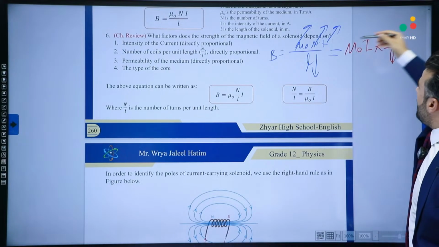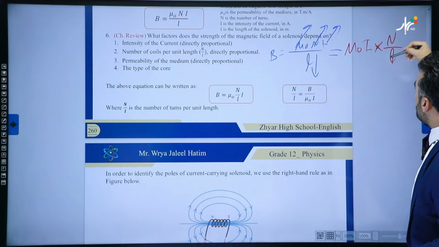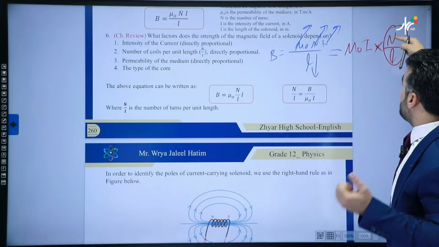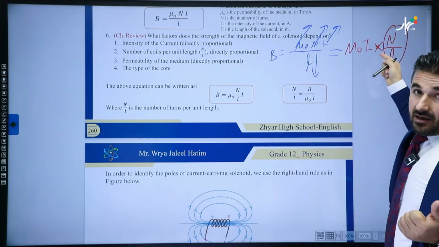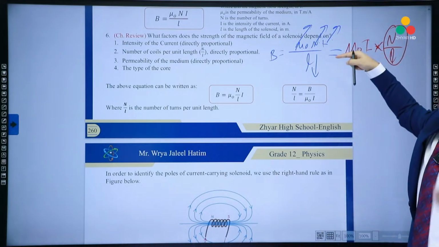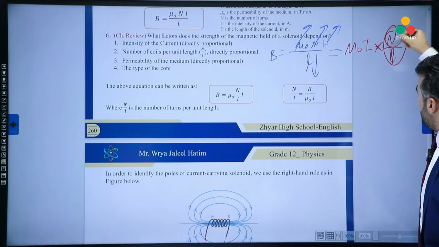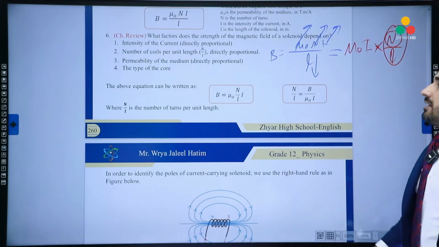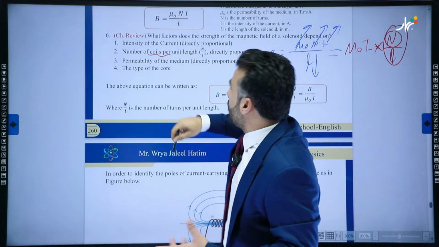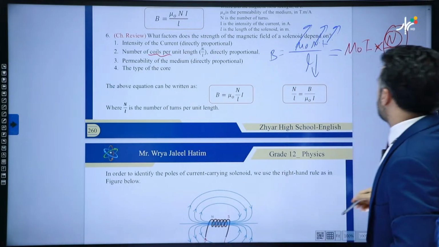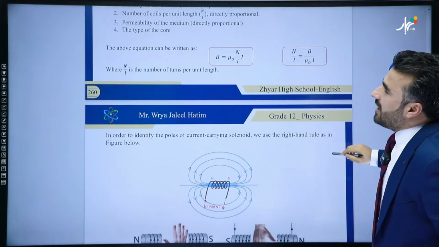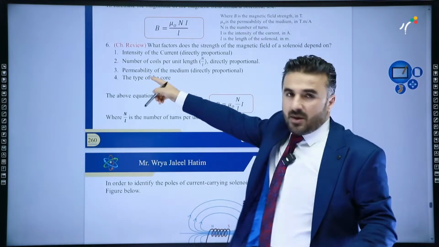If that is the case, we can call this one number of turns per unit length, yeah? Whenever something is divided by length, we say per unit length, yeah? That is also fine. Number of coils, or turns per unit length, is directly proportional if we take these two together. Okay, and of course, we can say the type of the core.